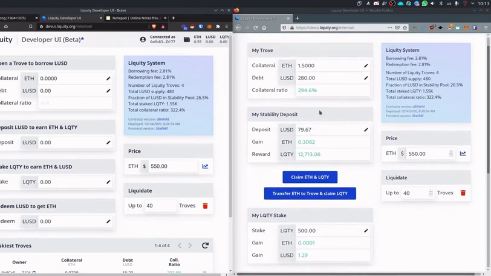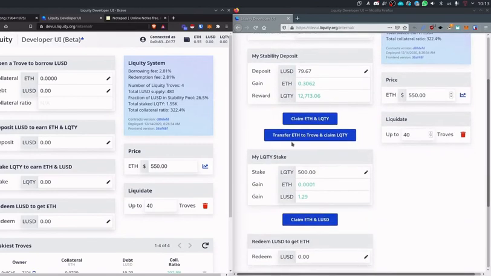The first one is the stability pool, where you can capture ETH and Liquity, and the other one is staking. So with staking, you can capture the fee, and there are 2 fees in Liquity. The first one is when you open a trove or when you take out more debt, and the second one is for exchanging LUSD back to ETH.